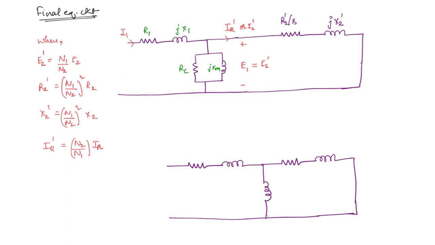So here the parameters are R1, jX1, jXM, R2 dash by S, jX2 dash, and the currents are I2 dash and I1. What about the voltage? E1 is equal to E2 dash. So this is the approximate equivalent circuit.